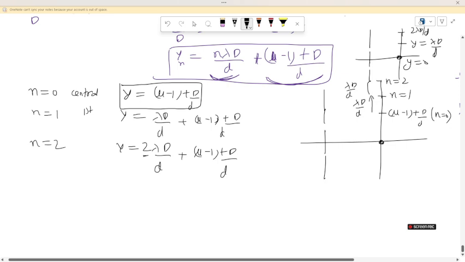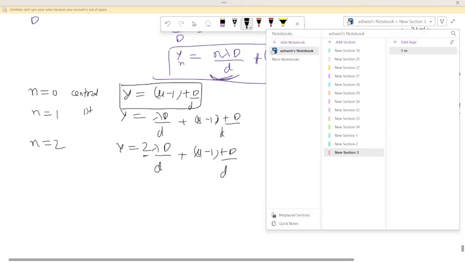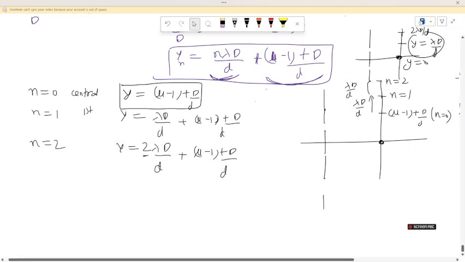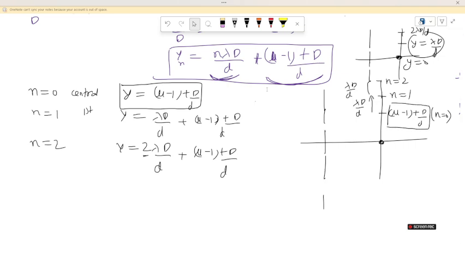So we can say that the whole pattern, the normal locations are y equal to 0, lambda D by d, 2 lambda D by d. But here this extra distance comes.